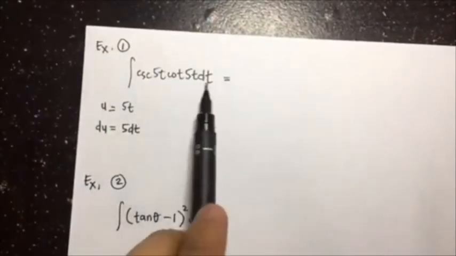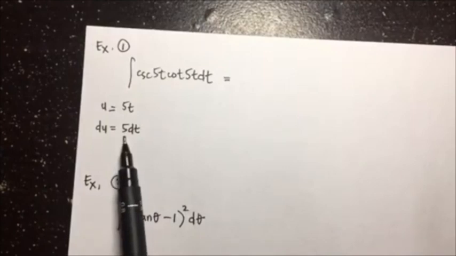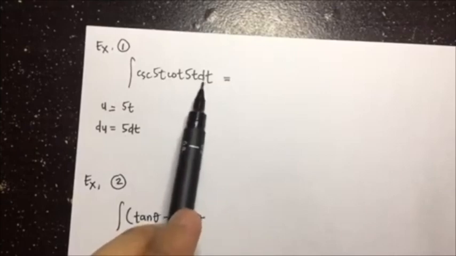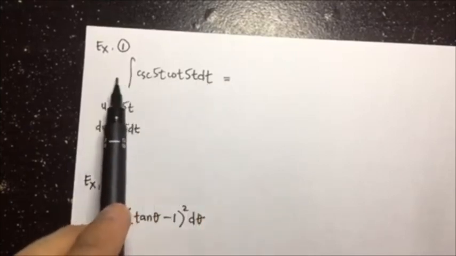The differential part is only dt, therefore we must add a coefficient of 5. By writing 5 there as the coefficient of dt, we will also multiply its reciprocal outside the integral sign.